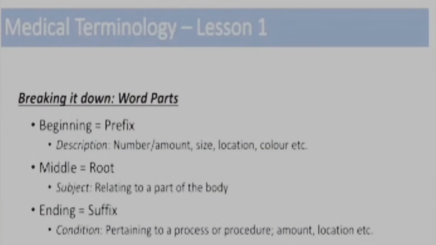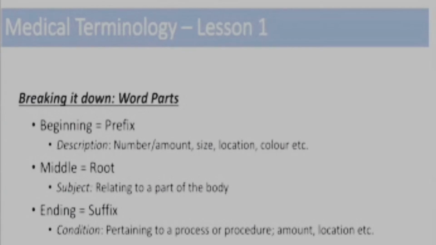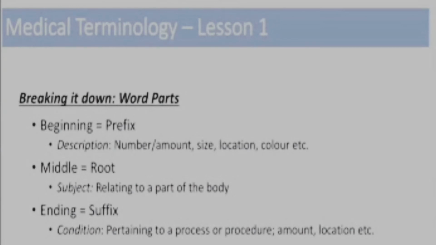For example, when we break it down into word parts, we have a beginning that's called a prefix, and usually these prefixes are a description of the number. It could be how many, like mono, di, tri, hexa, penta. It could be amount, like poly or olig.